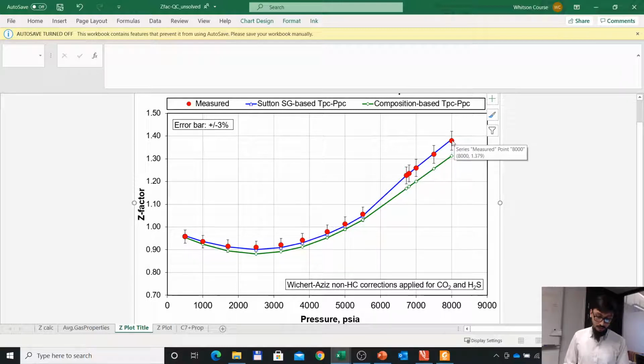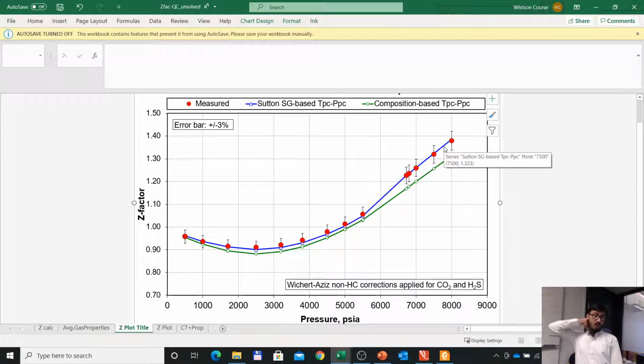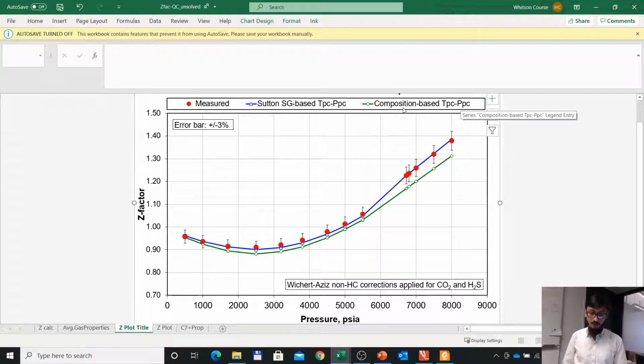And then what you see is that the blue line, which is a certain correlation giving the TPC and PPC for calculating the gas Z factors, falls almost spot on the gas Z factor values. And this composition based TPC and PPC, which is actually this Kay's mixing rule, is falling below this correlation.